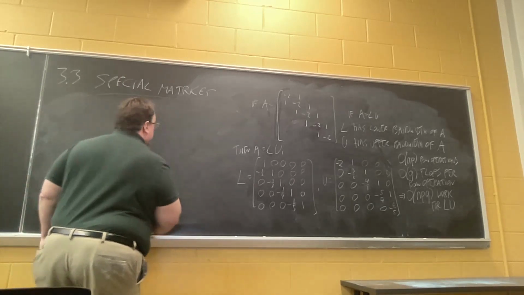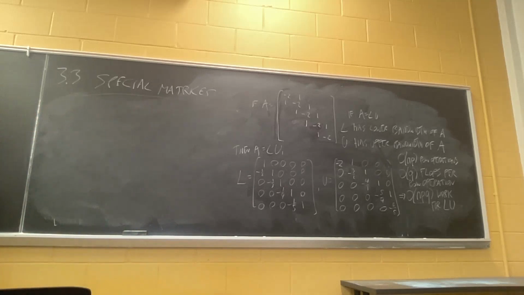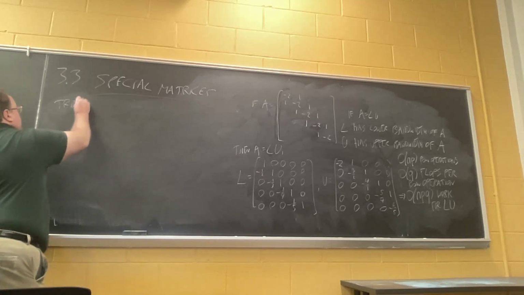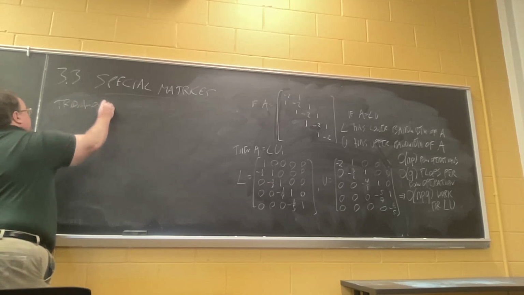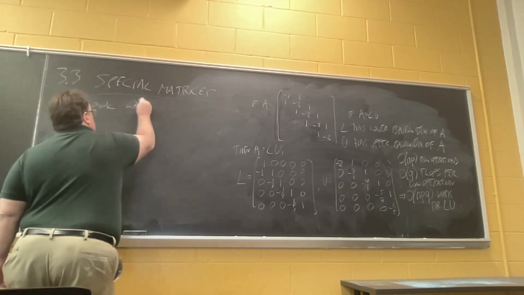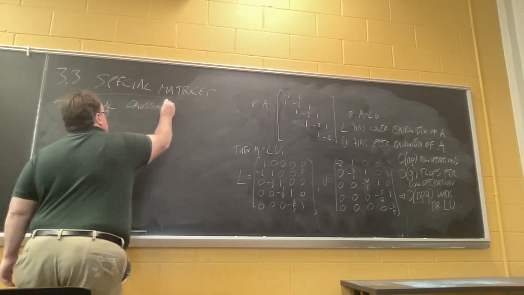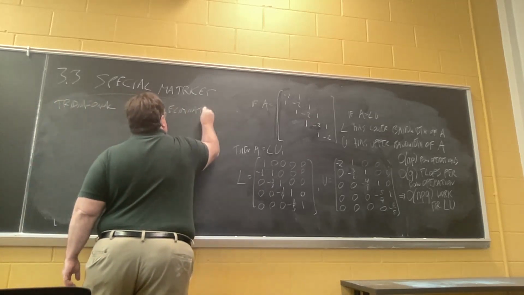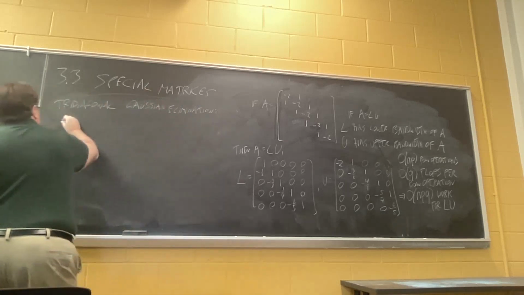What I'm going to do is write out the original Gaussian elimination algorithm that you've seen before. It only applies to A. We don't care about b right now. And then see what we can simplify. Well, for the tridiagonal case, I'll limit myself to that. All right, so the original algorithm.